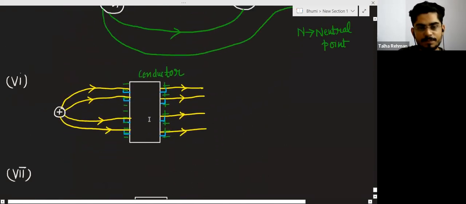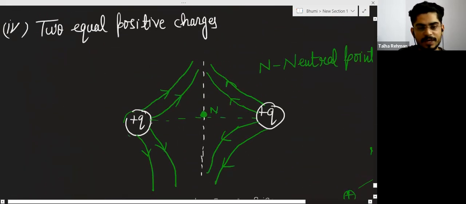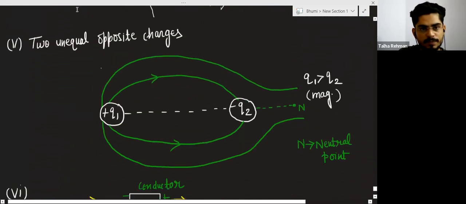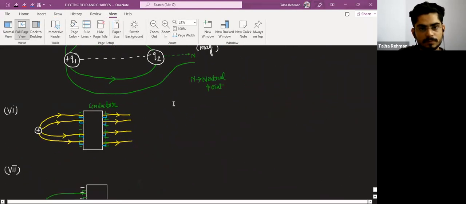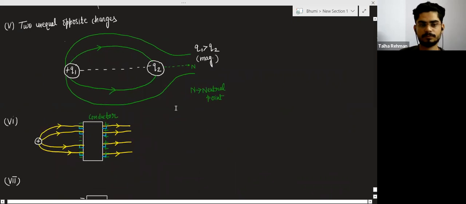So these are the properties of electric field lines. So Bhumi, please note it down. These questions can be asked in your examination. Draw the electric field line for a conductor when a positive charge is placed near it.